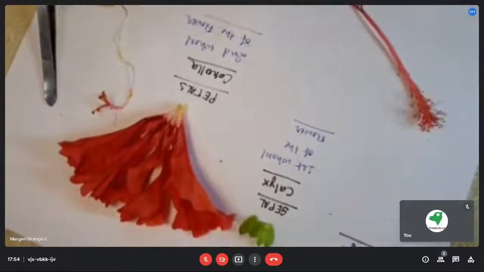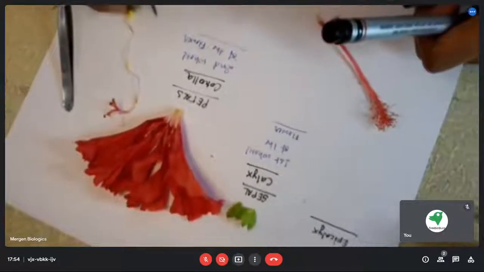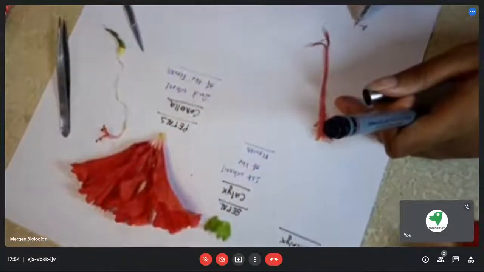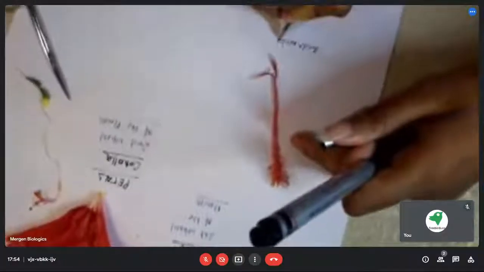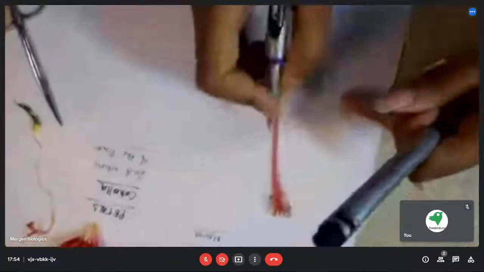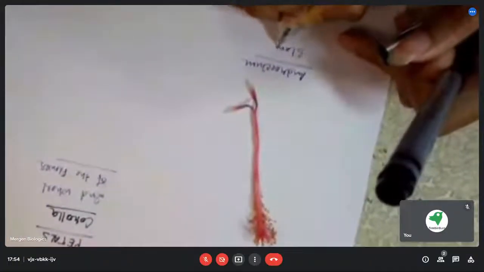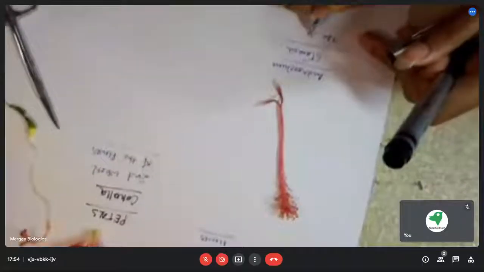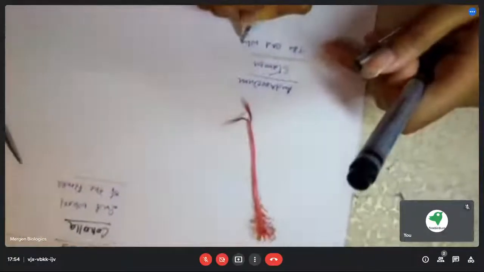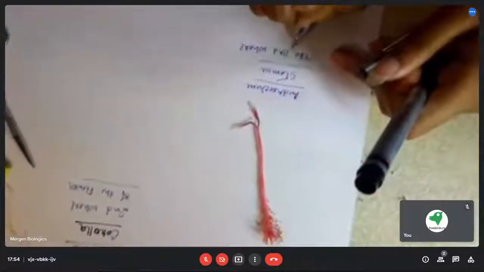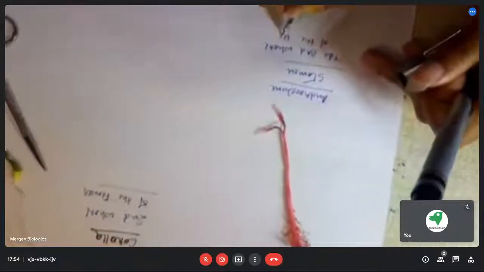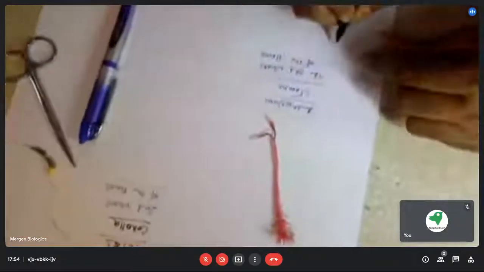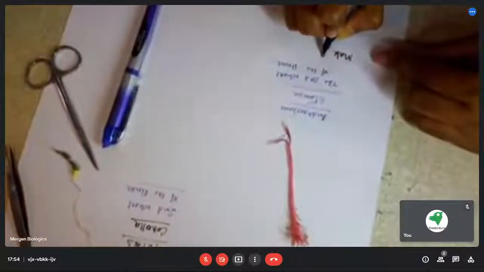This is the androecium, or the stamen, the third whorl of the flower, also the male reproductive part. Male.